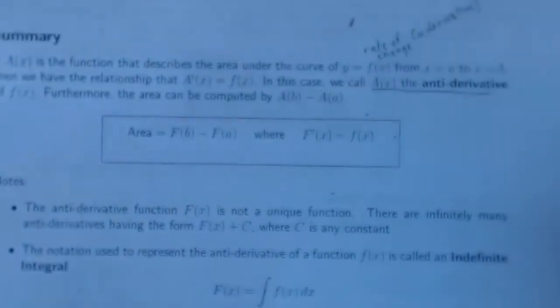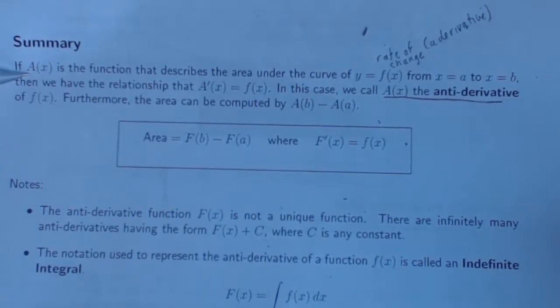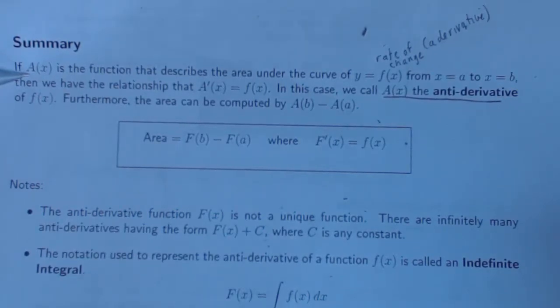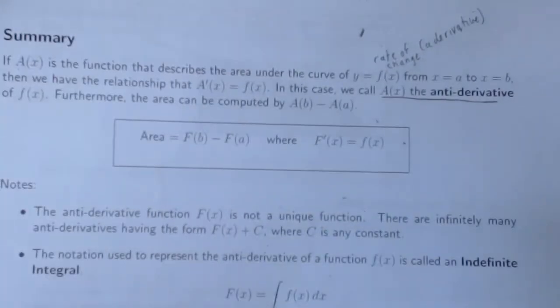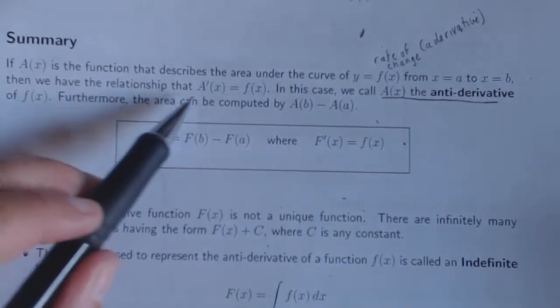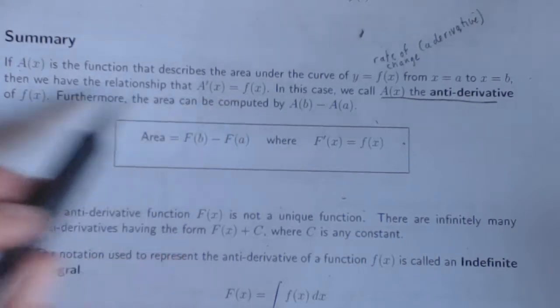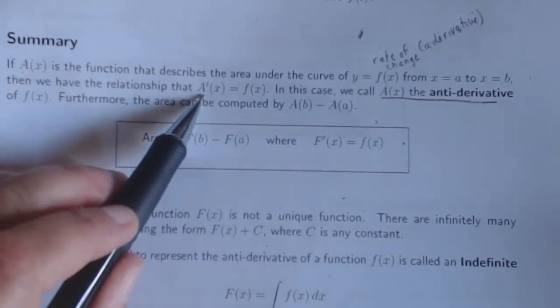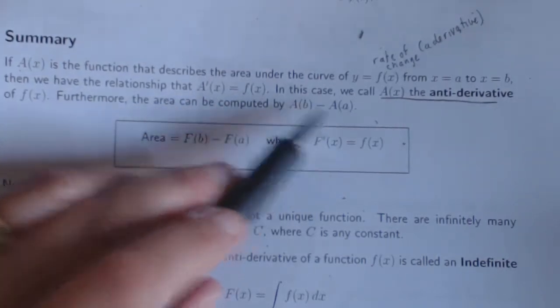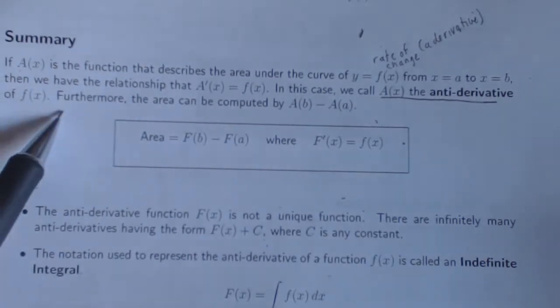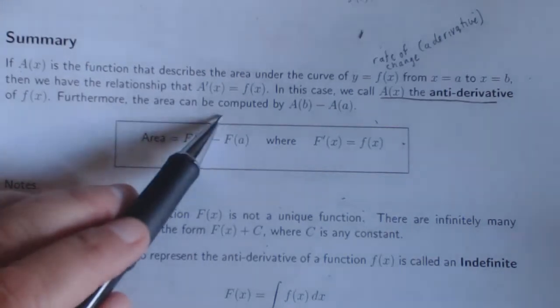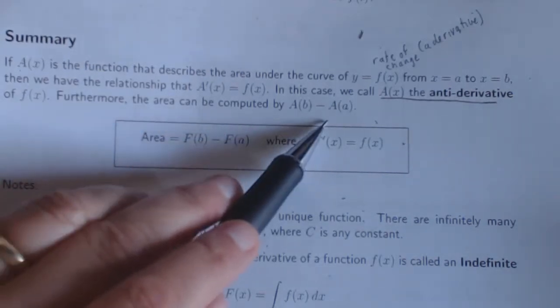So what this means is, if A of x is the function that describes the area under the curve of y equals f of x from a to b, we have this relationship that this f of x is the derivative of this. In this case, though, we call A of x the antiderivative of f of x.